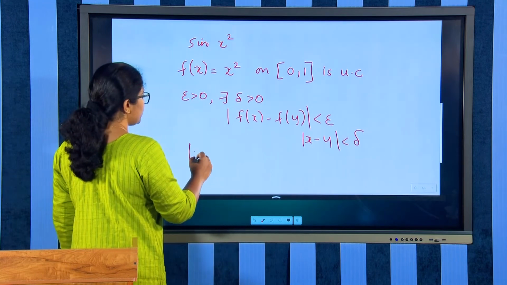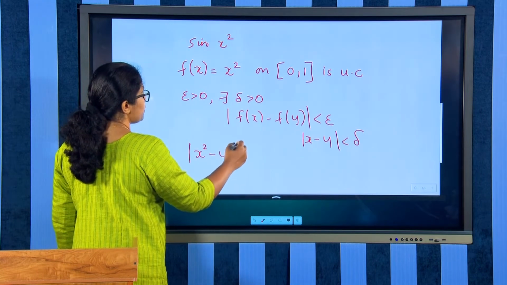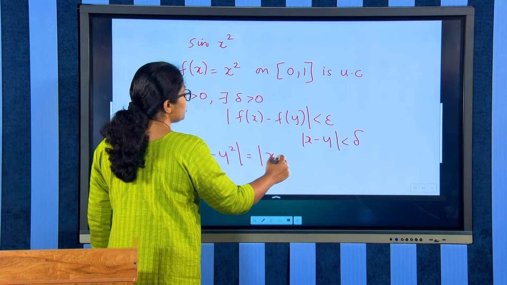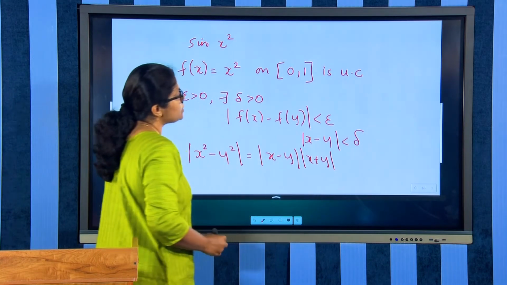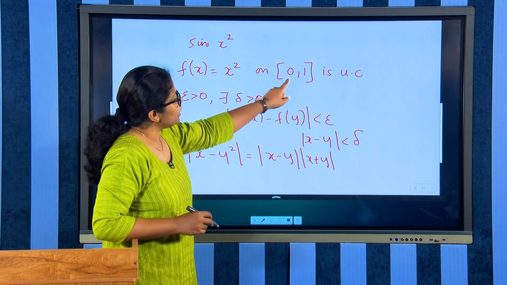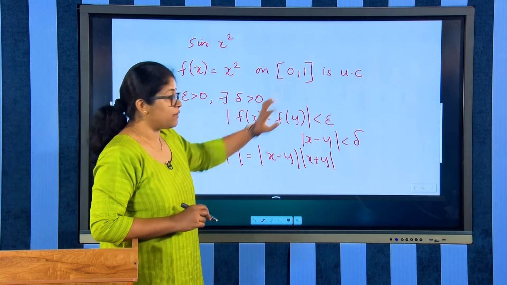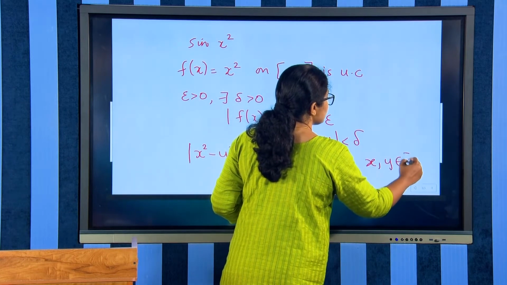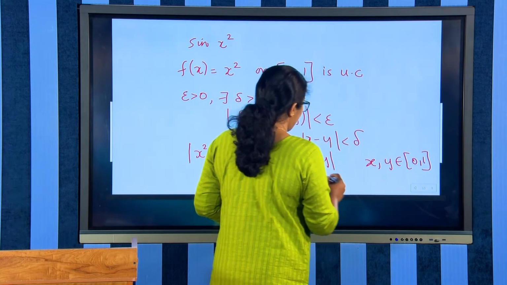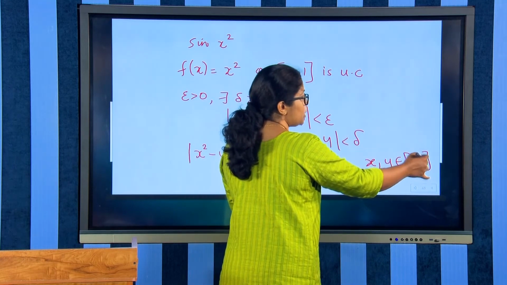So we can start with x square minus y square, which is exactly equal to x minus y into x plus y, and this interval is given to be closed interval 0 1. So definitely x and y belong to the closed interval 0 1. So x and y are both less than or equal to 1.